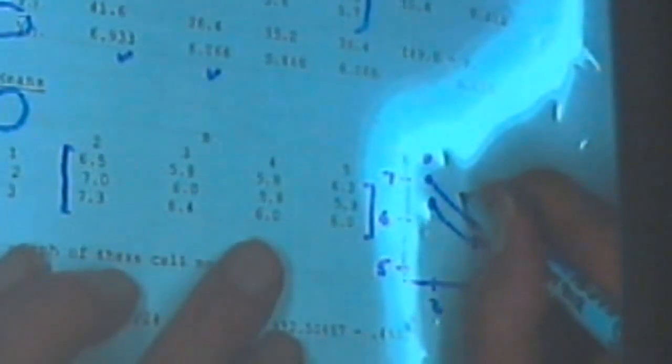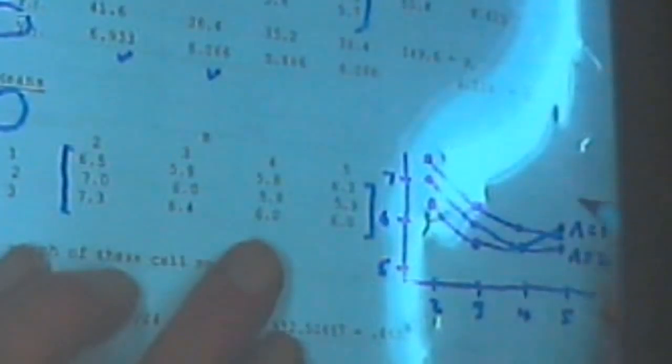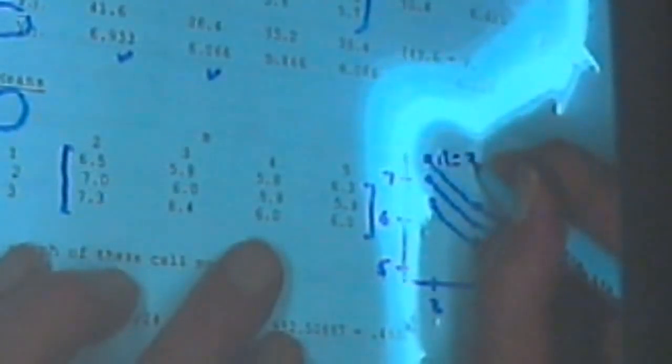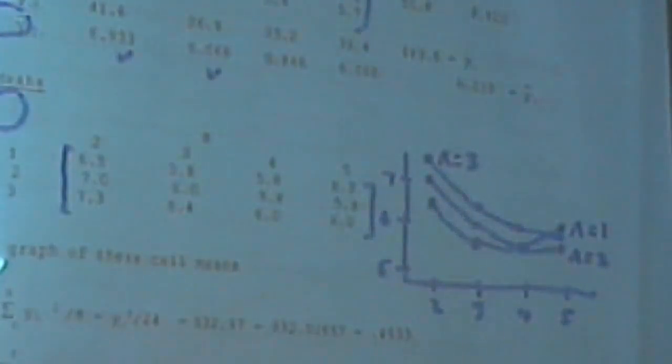So I should have some different kind of lines, like maybe dashes or something like that. It's a little hard to distinguish them. They're different colors we have. But let's label that A equals 3.